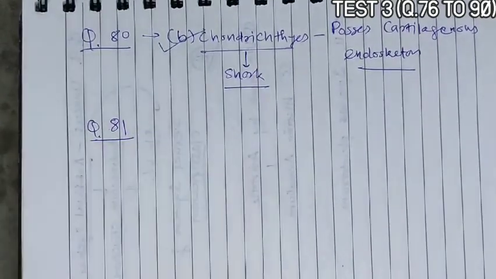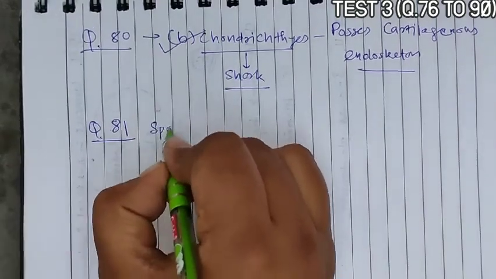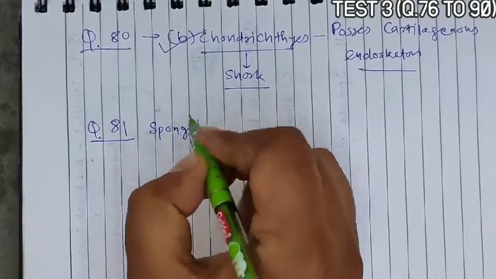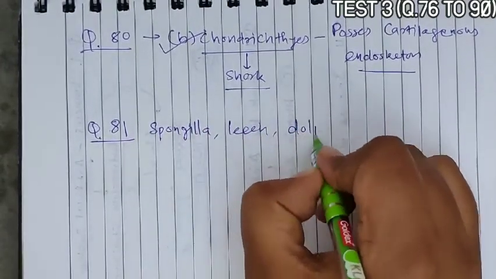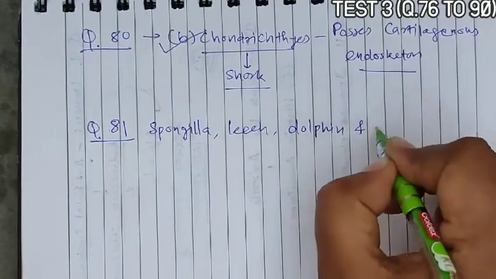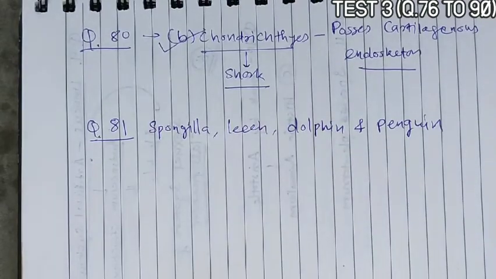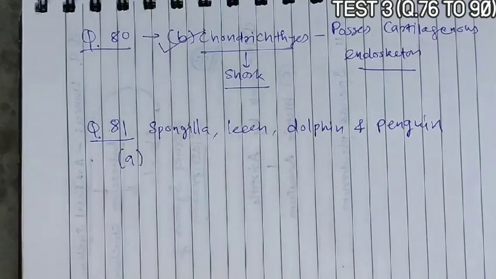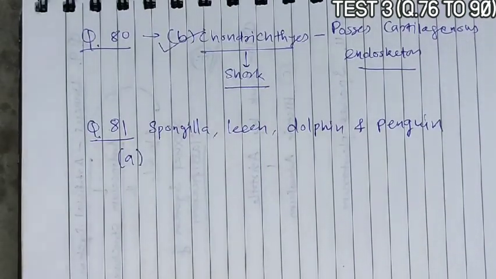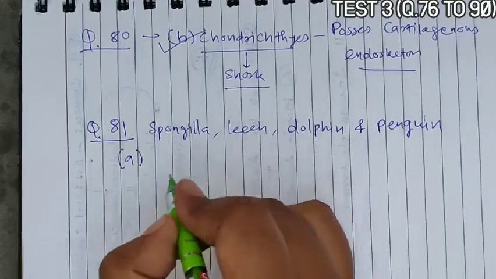Question 81. It asks which of the following statements applies to all the four, which include Spongilla, leech, dolphin and penguin. We have to select a correct option which applies to all four. In the first option, it is written that penguin is homeothermic while the remaining three are poikilothermic.